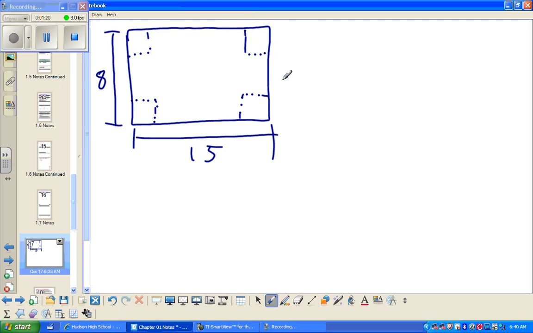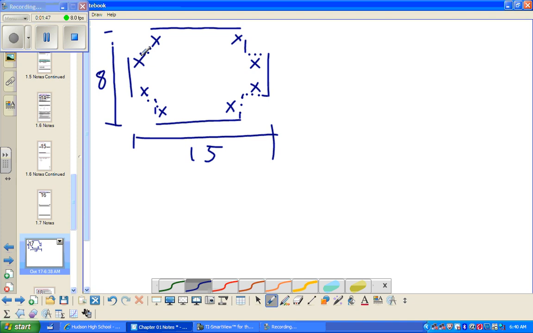So once you cut out those squares, how big are the squares? They're x by x. And what you've just done is cut out the corners of this piece of cardboard so that you can now fold up those flaps and create a box.